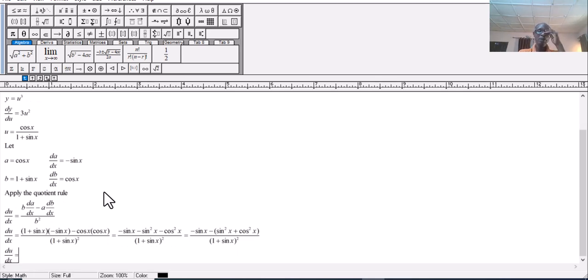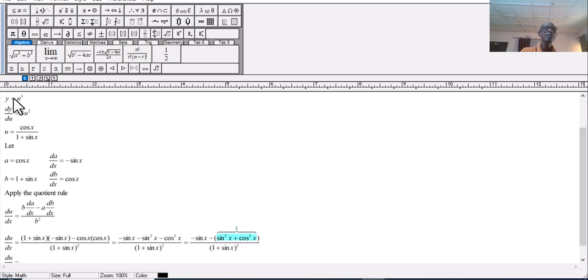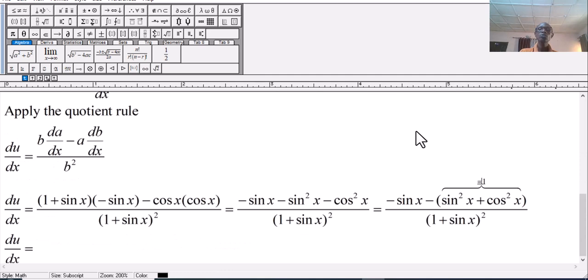Now I want you to remember from our trig identities that what I'm highlighting here, sine squared x plus cos squared x, is equal to 1. So I want you to take note of that.